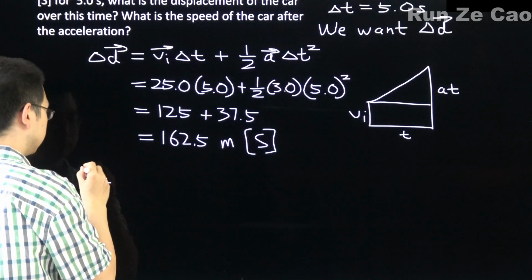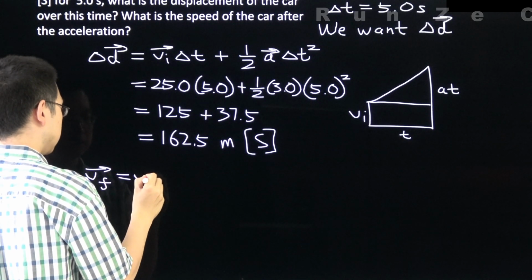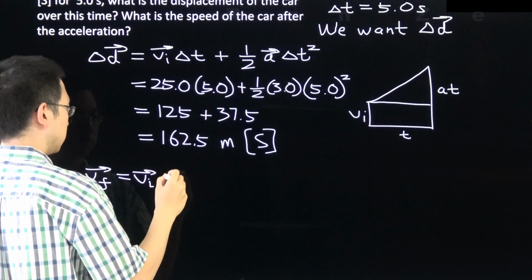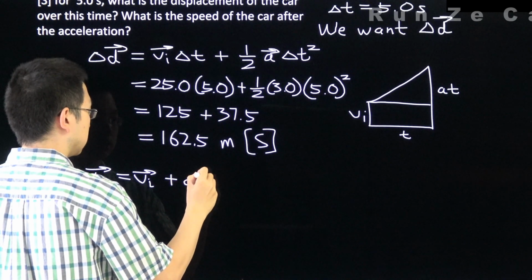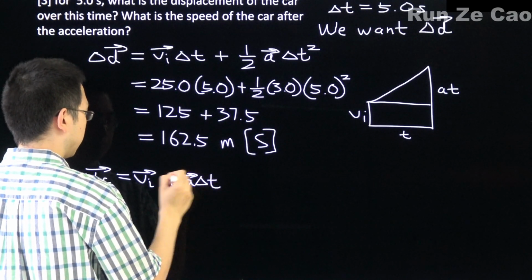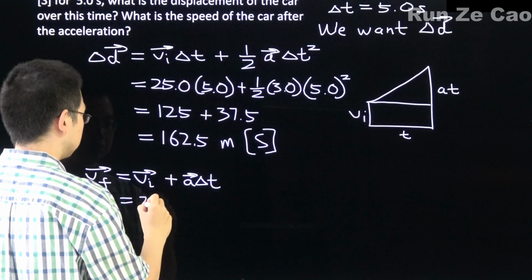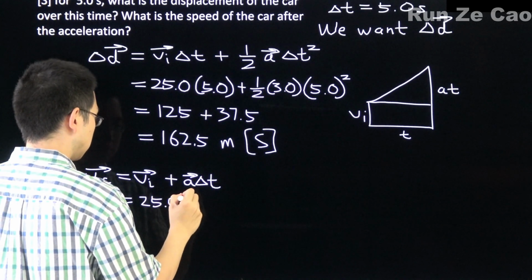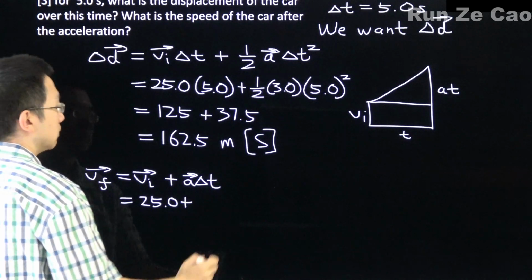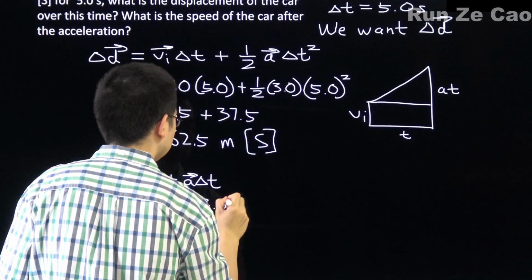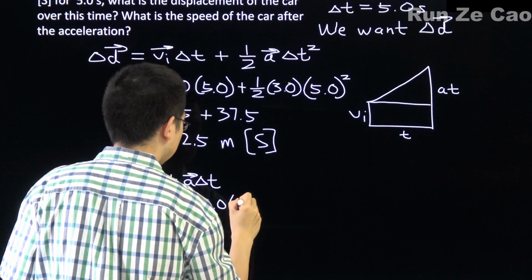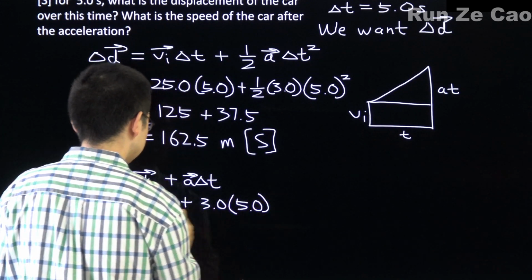V final is equal to v initial plus acceleration times time equals 25.0 plus 3.0 times time, which is 5.0.